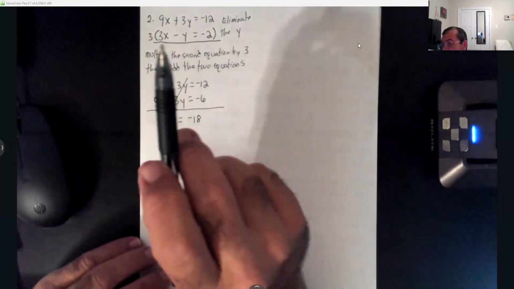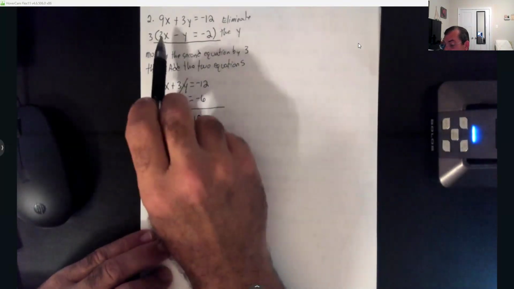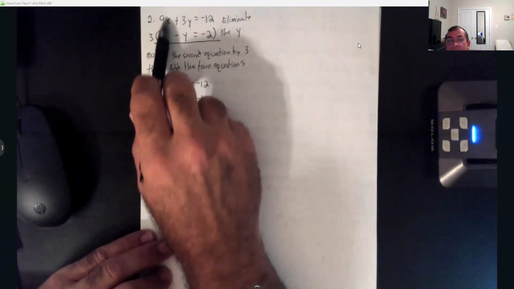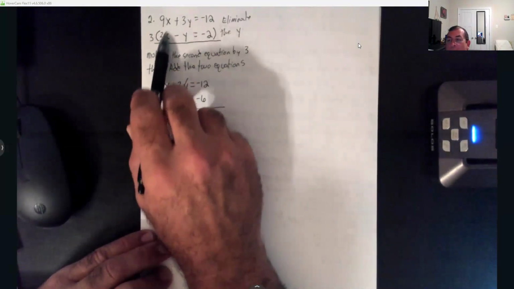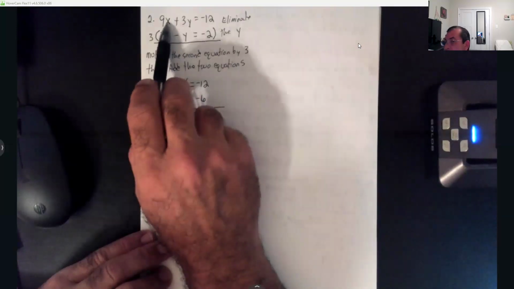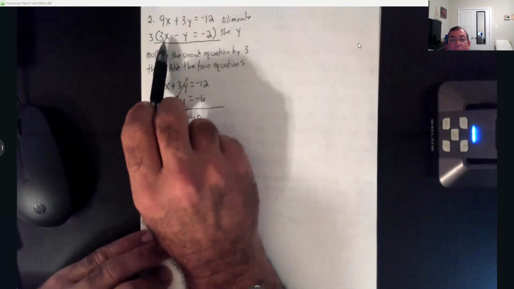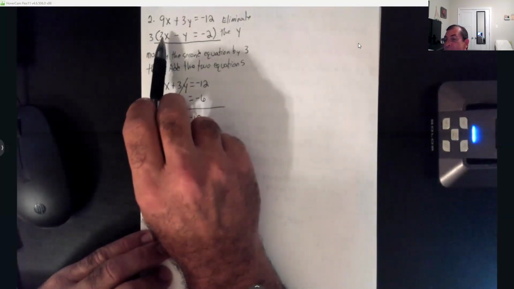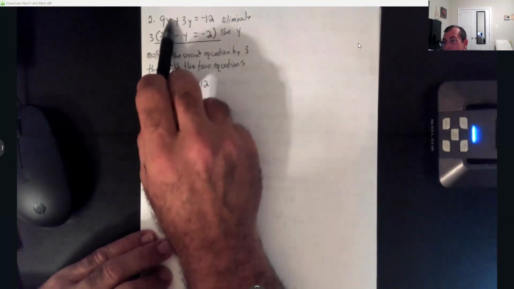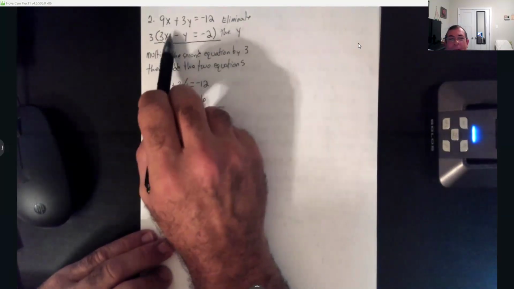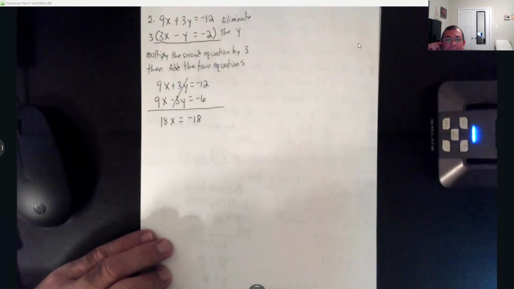Now, y'all will say this. If you wanted to eliminate these x's up here, since that's a 9x, I'd have multiplied this second row by negative 3 if I wanted to get rid of the x's. Because that would have gave me a negative 9x here, okay?